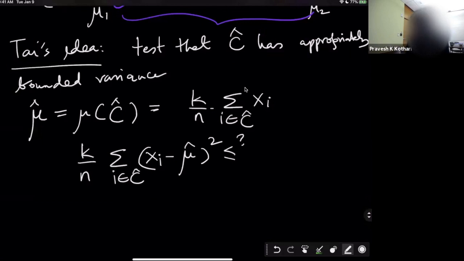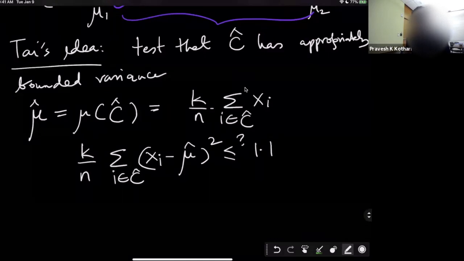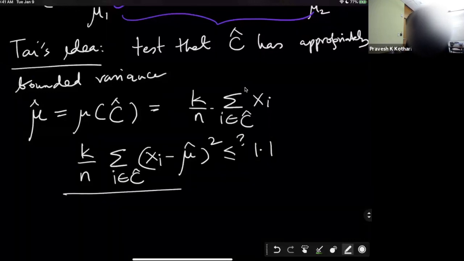So I expect this quantity to be not much larger than 1. In principle I can say it's smaller than 1.1 if I allow large enough samples, and this 1.1 is just to allow some sampling error. So I claim that if I have a typical sample and I check if this variance is smaller than 1.1, then all true clusters will pass it. Of course, we don't quite know if fake clusters are rejected often enough, but it's certainly a test I can do.